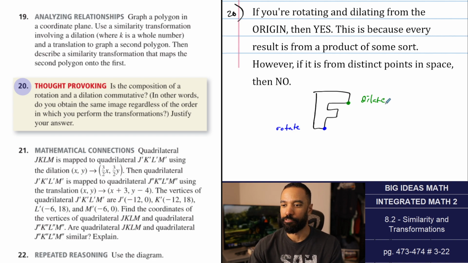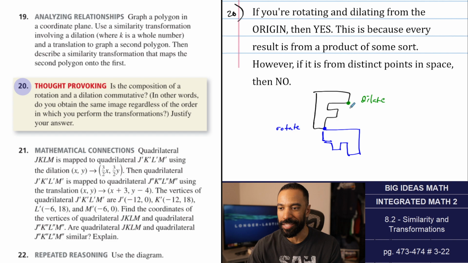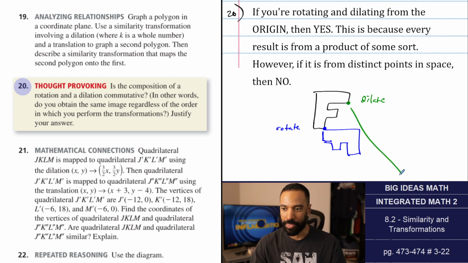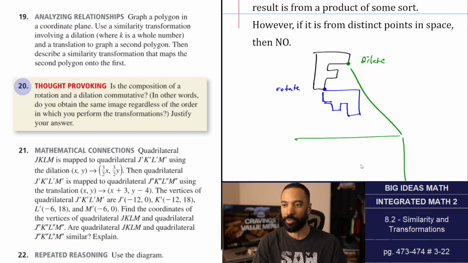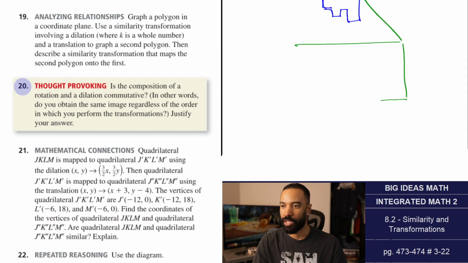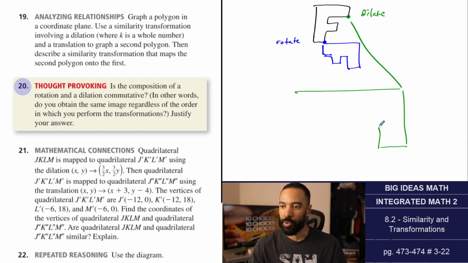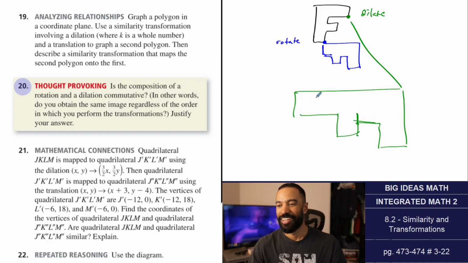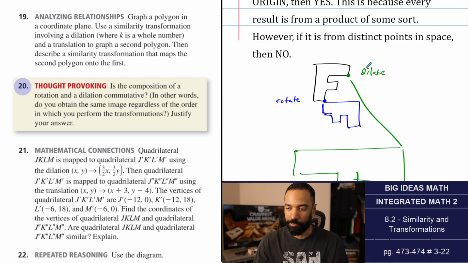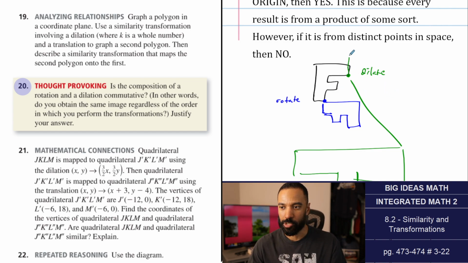If I do the rotation first, say a 90-degree rotation, the rotation would look like that. The dilation from there is going to grow out from here, and it's going to go out this direction and expand. Let's say it was times 3, then it would look like this, an F going downward like that. Hold on, I'm running out of room on my bottom. So it would go like that. What does this F look like? Like that. Whereas if I did the dilation first, then it would expand out.